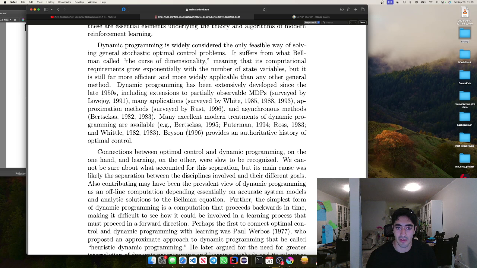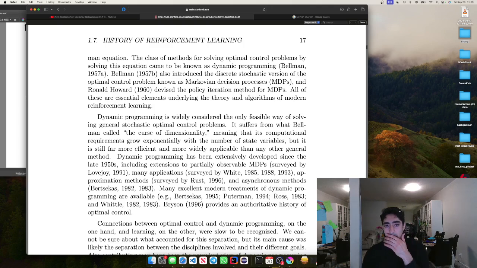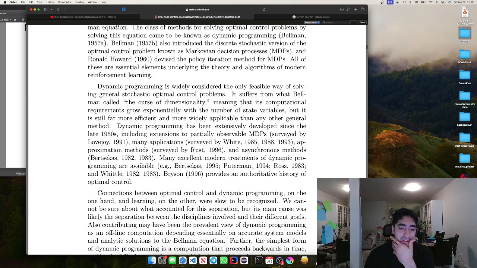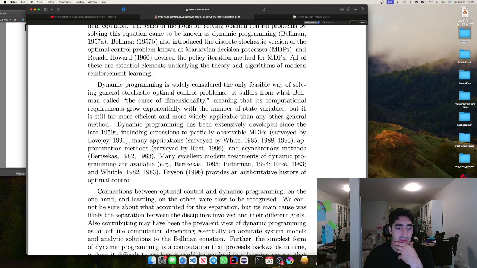Dynamic programming has been extensively surveyed by Lovejoy, many applications surveyed by White 1985, 1988, 1993, approximation methods surveyed by Ross 1996, and asynchronous methods by Bertsekas 1982, 1983.